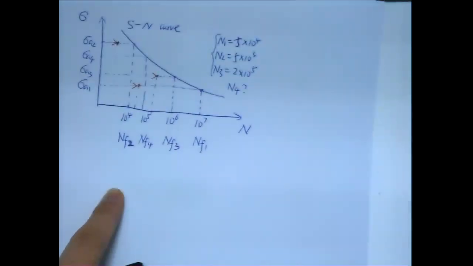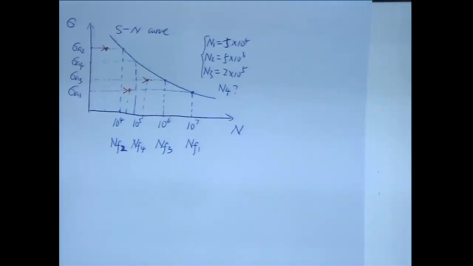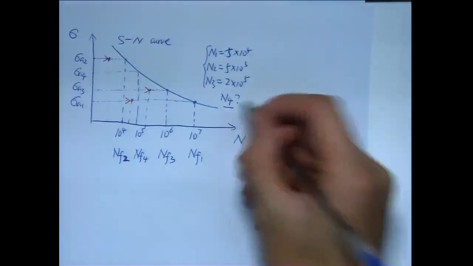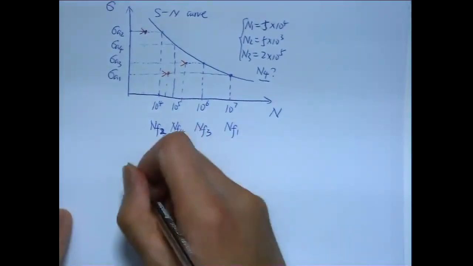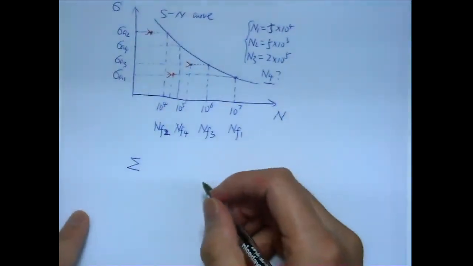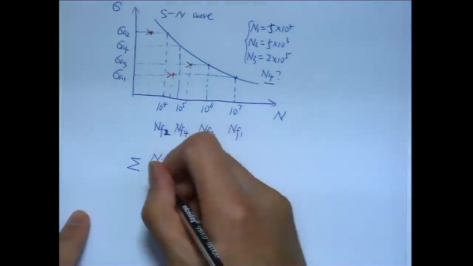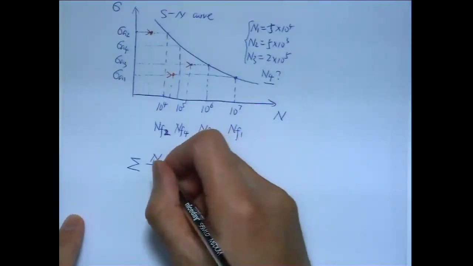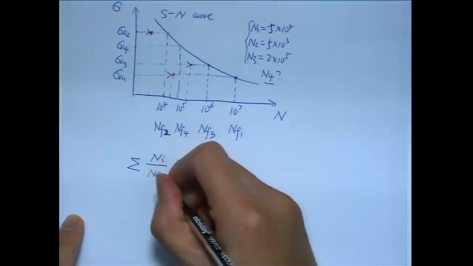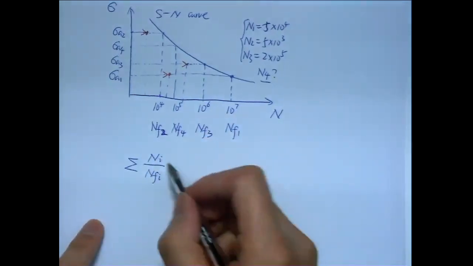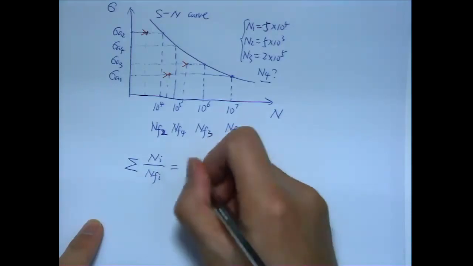Exactly. And now I'm asking you how to get this value. So let's think about the Miner's rule, which is the sum of all the damage from each part. So Ni over the fatigue life of that specific load equals 1.